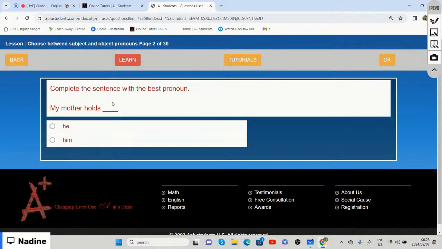And now we need to complete the sentence with the right pronoun. My mother holds, do we say my mother holds he or my mother holds him?